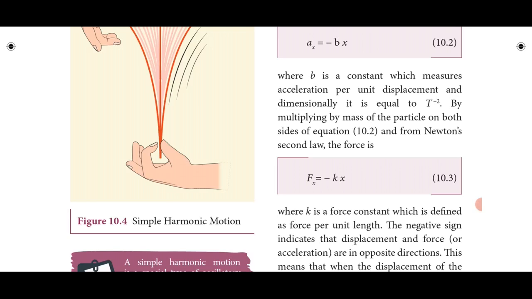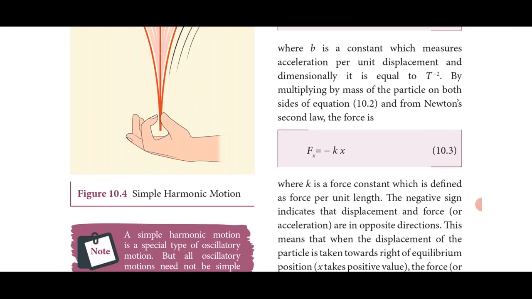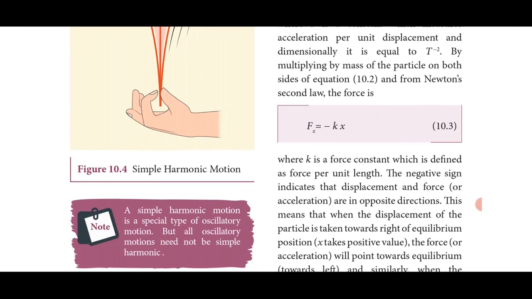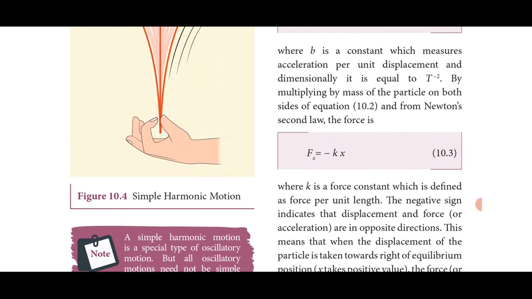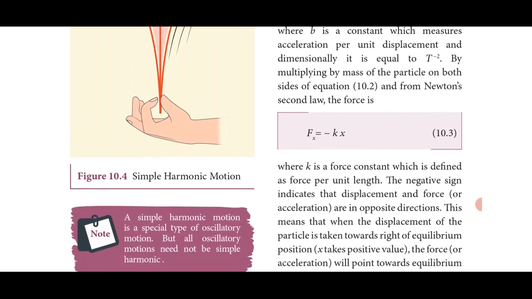By multiplying the mass of the particle on both sides, from Newton's second law the force is given as F_x equal to minus k x.